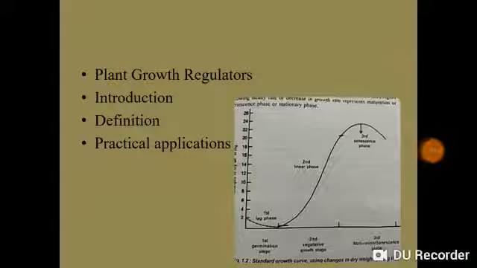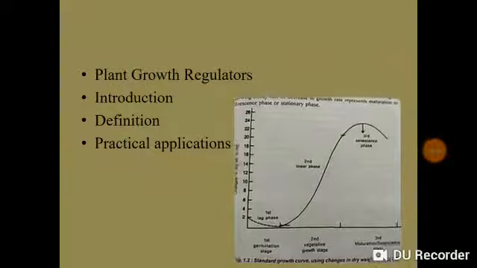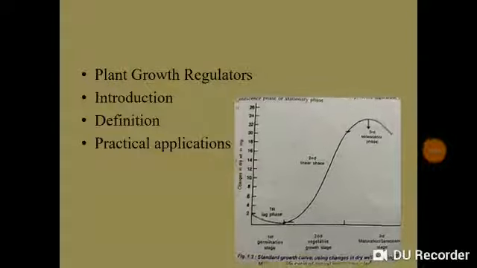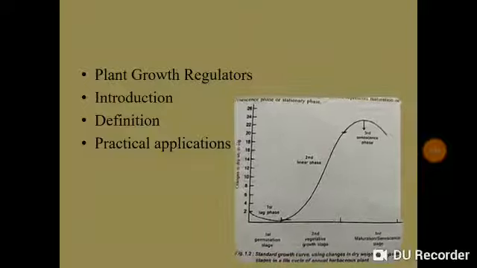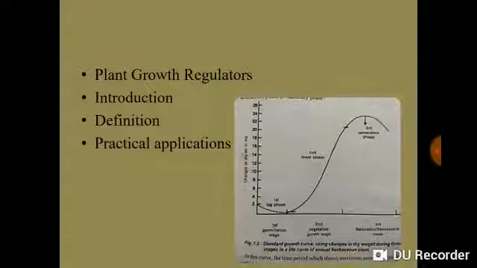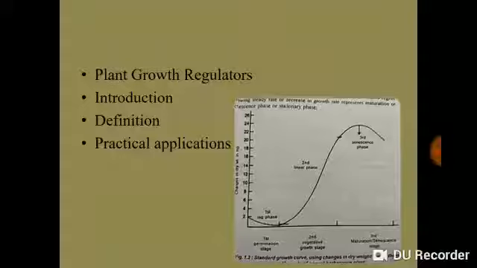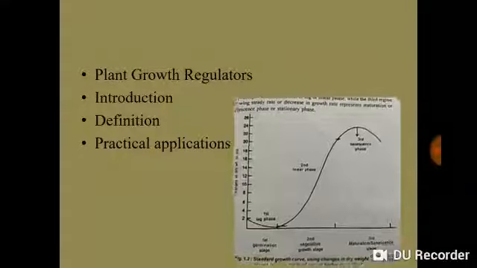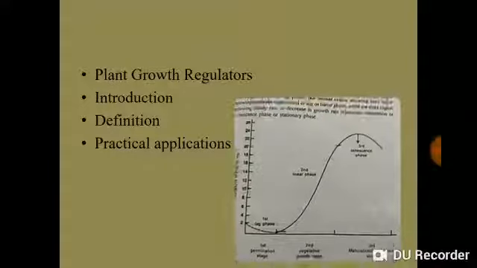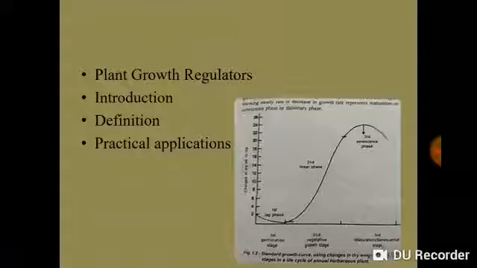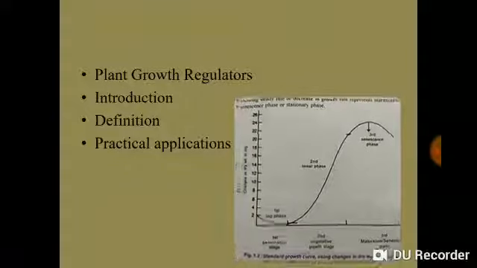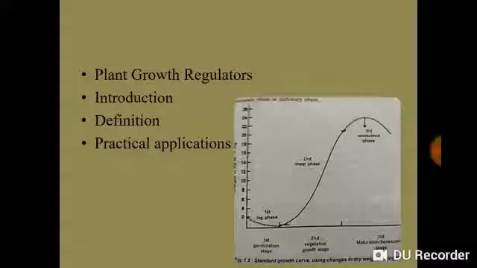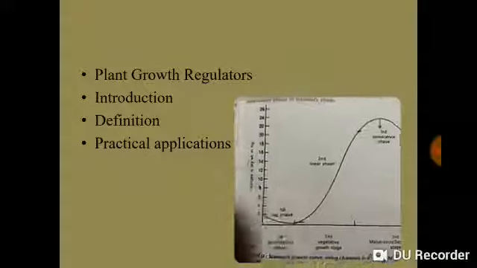So the standard growth curve shows three well marked regions for three different phases. First is the region where we find slow growth rate or slight decrease, which represents the lag phase.